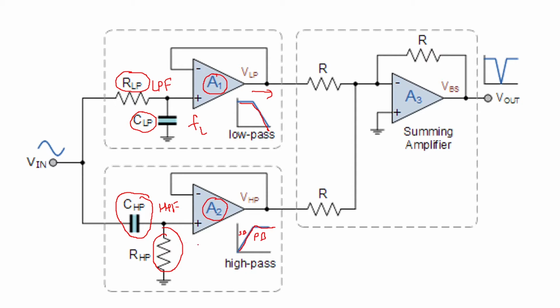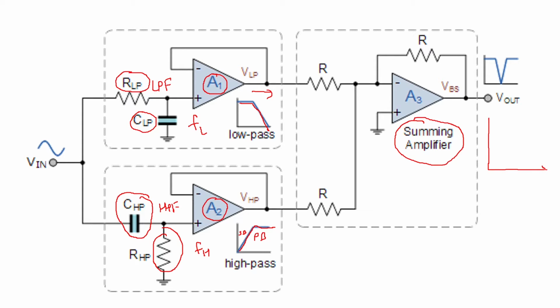Here the cutoff frequency will be say FH, the cutoff frequency of the high pass filter. Above this frequency, all the signals are passed, and below this frequency, all the signals are stopped. If you take these two outputs and give them to a summing amplifier, and add them, then the output of that will show you.